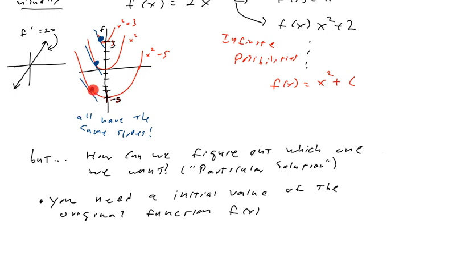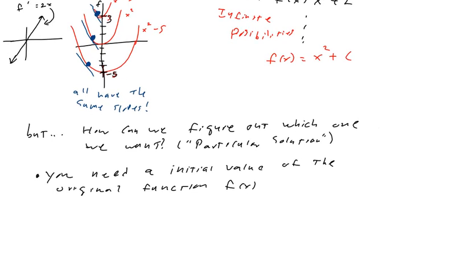We need an initial value to figure out which particular graph, which particular equation is the one for us. We need this particular solution. And so we give this initial function, right?